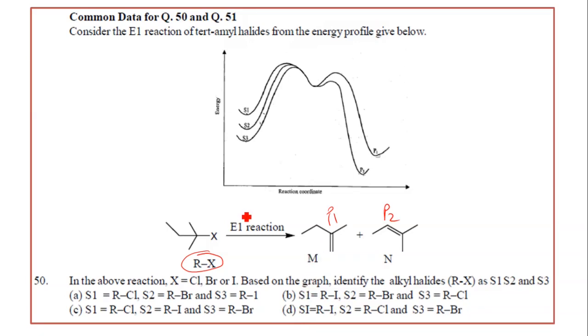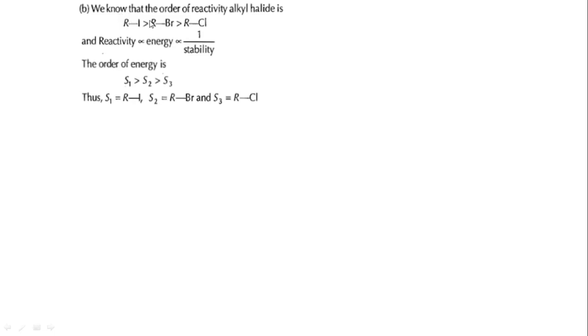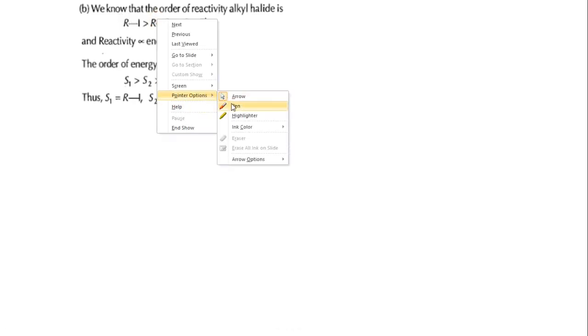We will see here. We know the order of reactivity of alkyl halides: RI, that is alkyl iodide, is greater than RBr, greater than RCl.